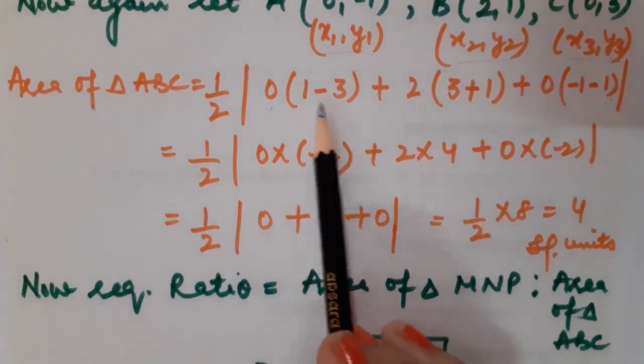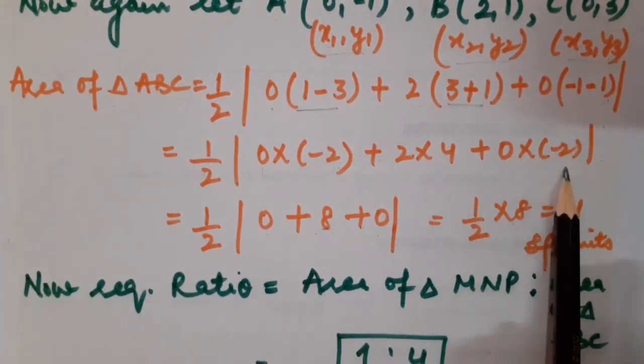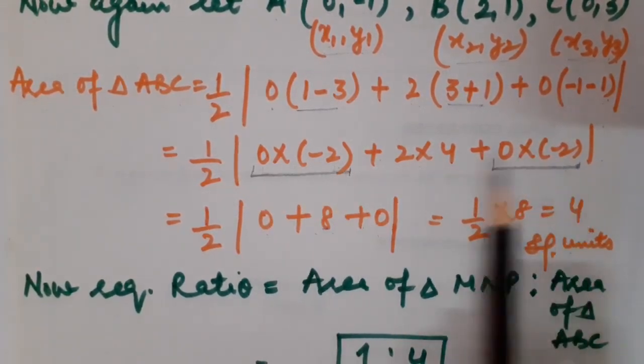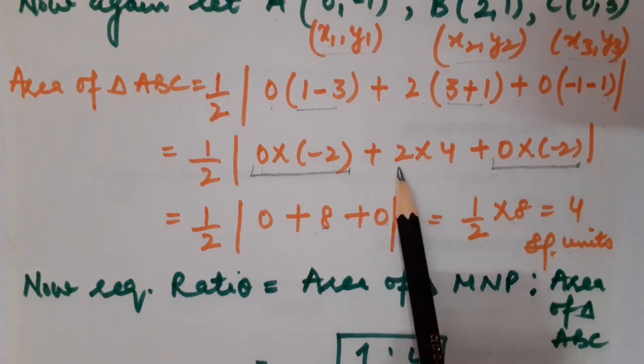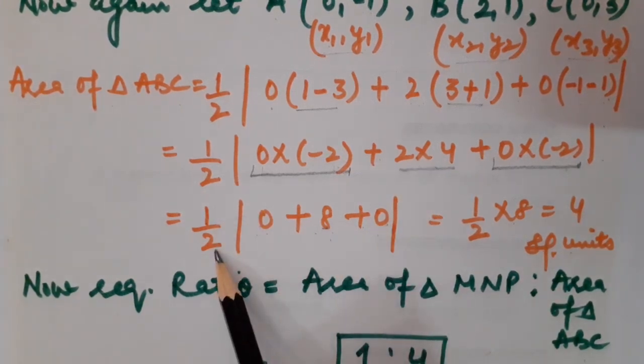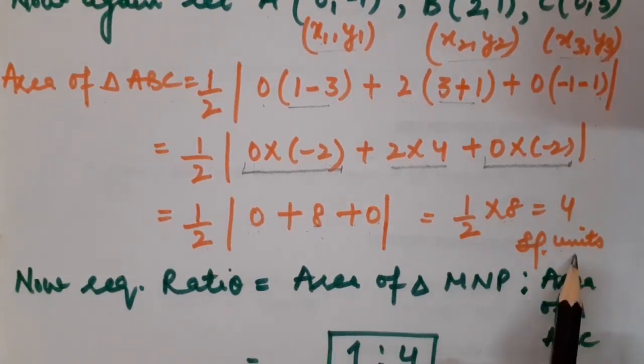So this is 0 into minus 2 plus 2 into 4 plus 0 into minus 2. When you know, children, whenever any number is multiplied by 0, the result is 0 only. So this is 2 4s are 8 in modulus, multiplied by half. So this is half into 8, that is 4 square units.